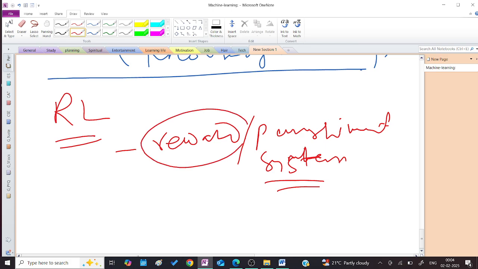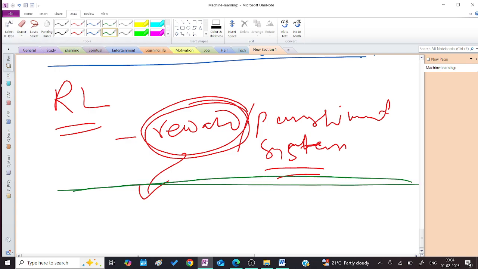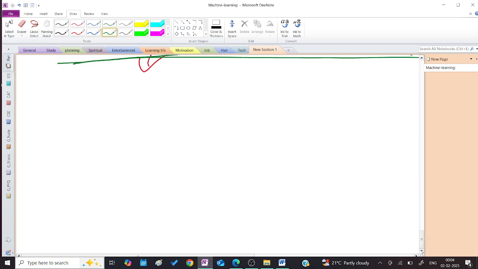Based on what type of feedback we are getting from the environment, whether it is a reward or punishment, we update our action, behavior, or our game. So all this is known as reinforcement learning. So let's go deeper into supervised learning.